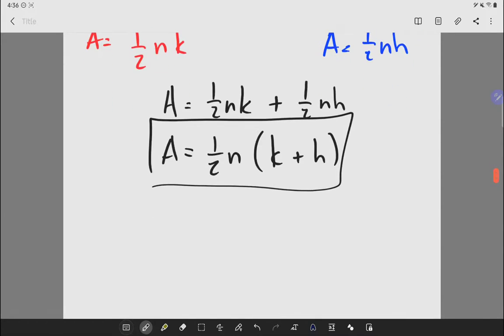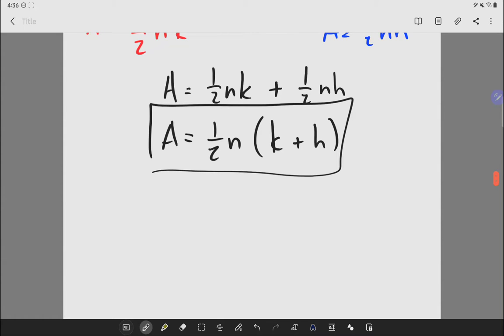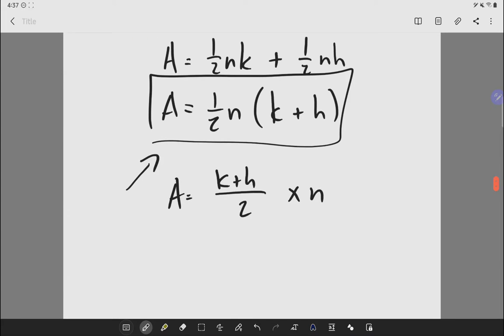Another way you can think about it is, having already seen this equation, and that is the answer by the way, we can also imagine it like this. We are saying that it's K plus H over 2 times N. Remember, it doesn't really matter which order we're doing it in.